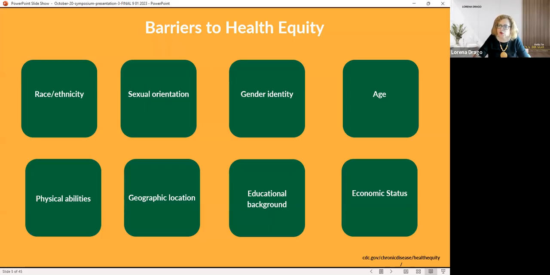When it comes to geographic location, we may see differences in urban and rural environments in which there may not be access to certain foods or healthcare access, transportation, etc. And later we are going to talk about how educational background as well as economic status may exacerbate health inequities.